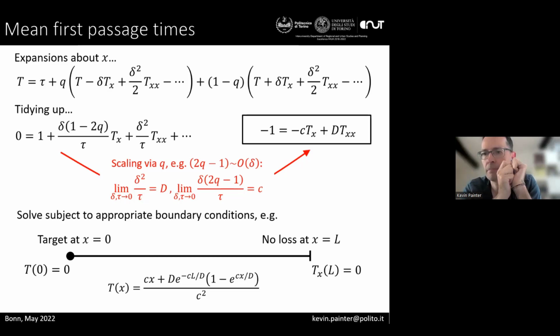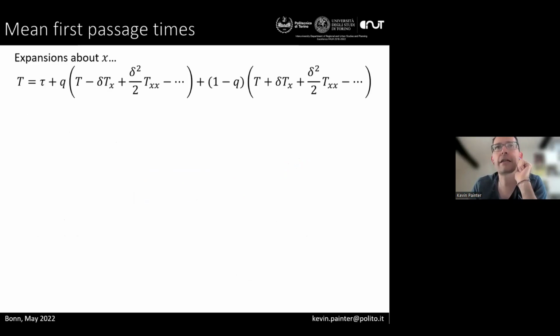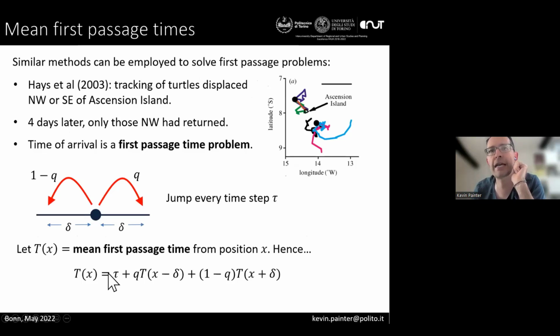Okay, then what does tau mean in the equation? So tau is, let's go back to there. In this equation here, tau is your time step.